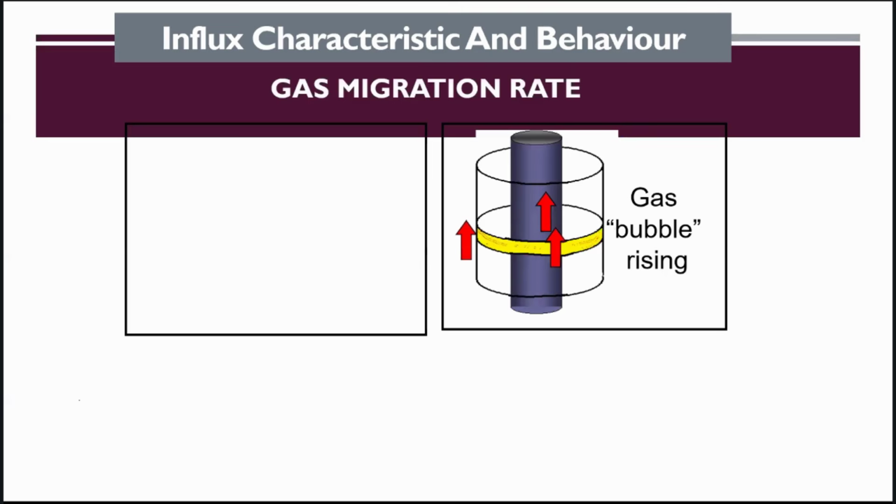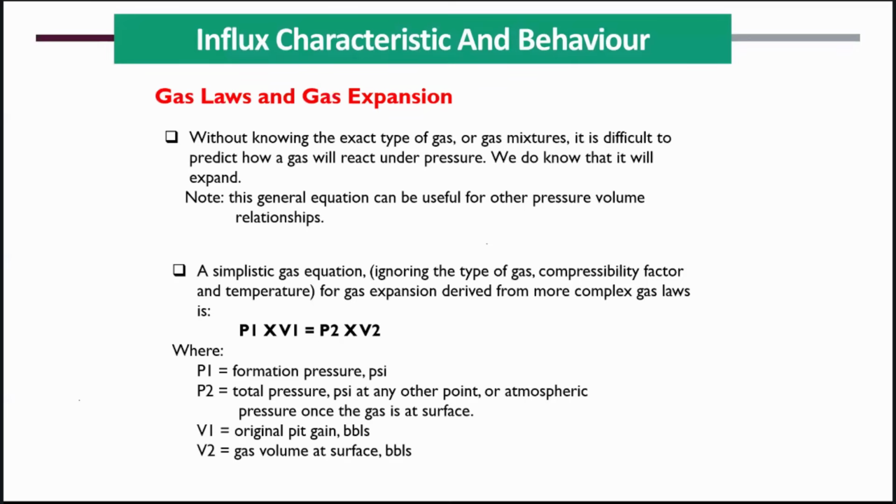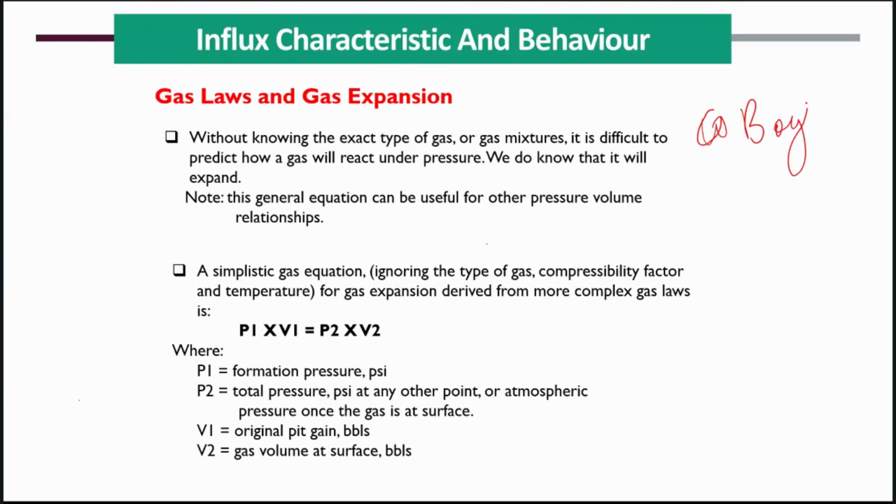Okay. So this gas law also comes in the well control class. It is called Boyle's law. It states that PV is equal to nRT. n and R are constant. We are just focusing on pressure, volume, and temperature.